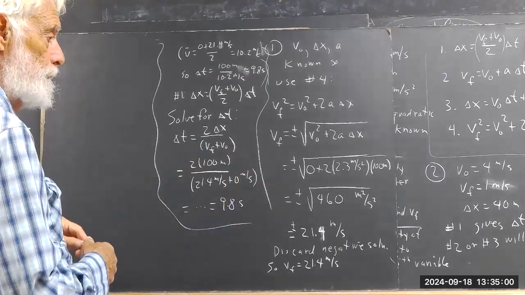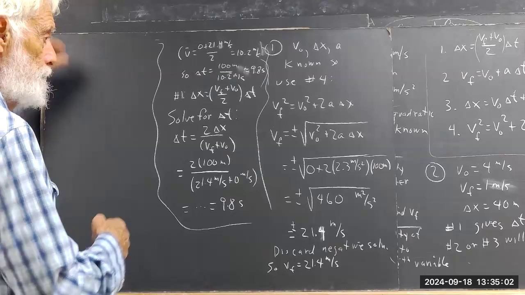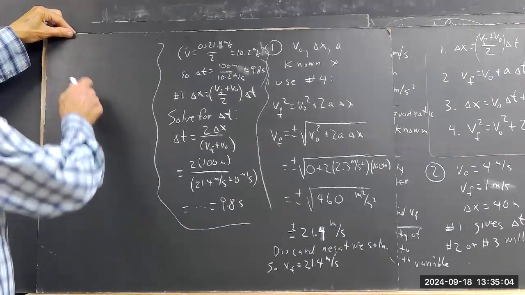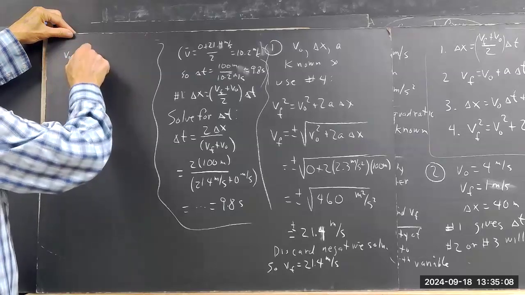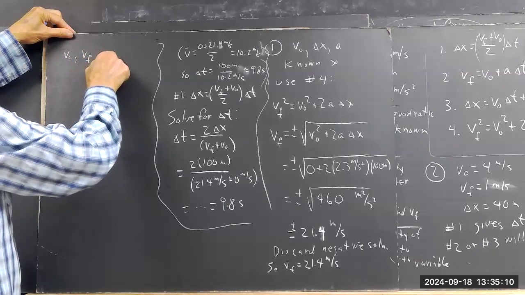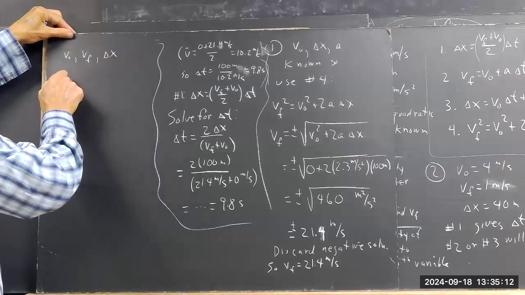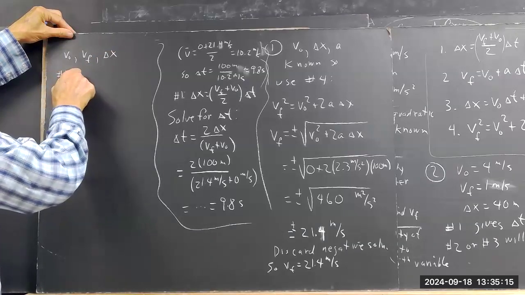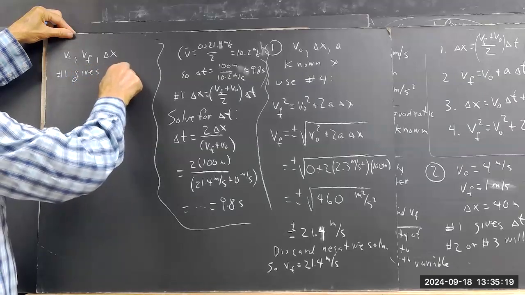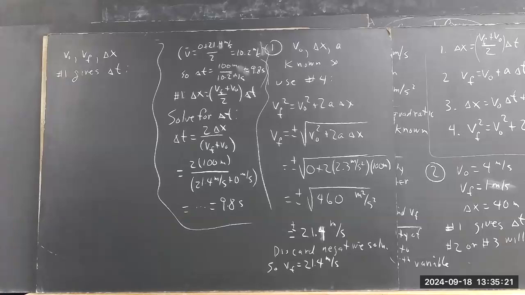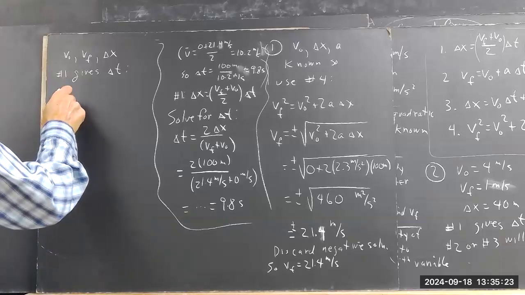Okay, second. You know V naught, VF, and delta x. That number one gives delta t.